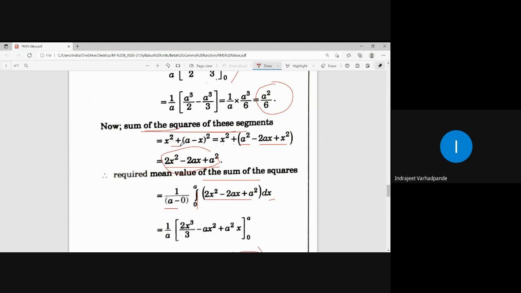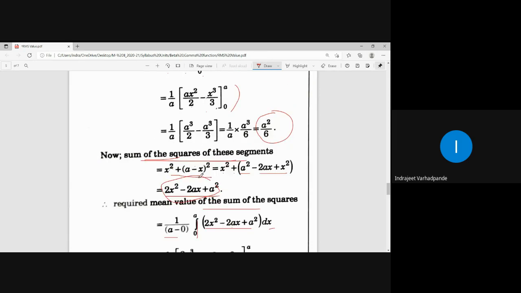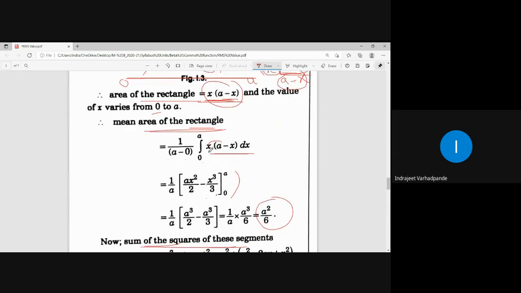Mathematical calculation, only you need to do the calculation for the mean value, right? Mean value में square नहीं करते function का, function as it is लेना है. Here it was whole square, therefore I simplified it. But if you see, we have taken the function as it is without squaring it. Here also the rectangle's area is taken as it is.